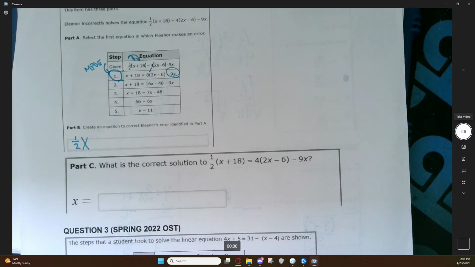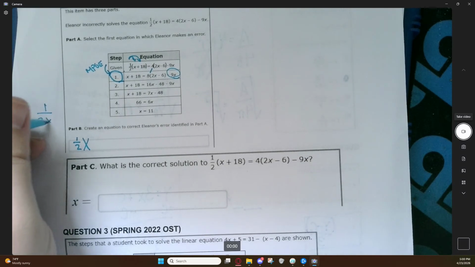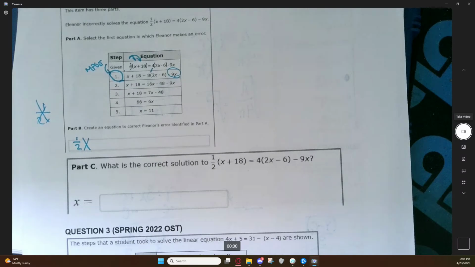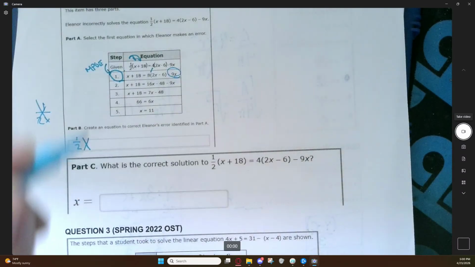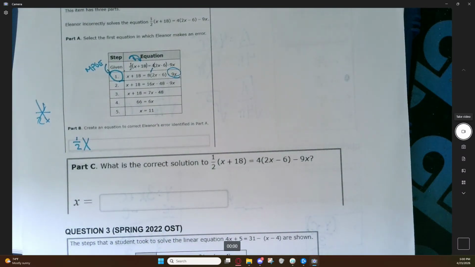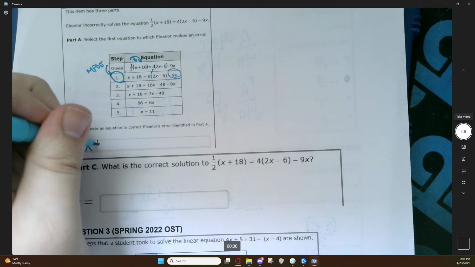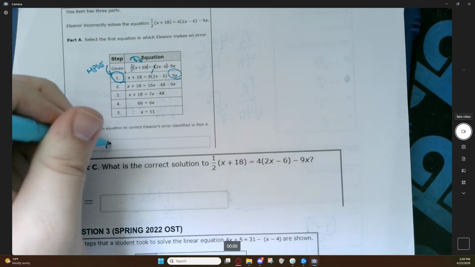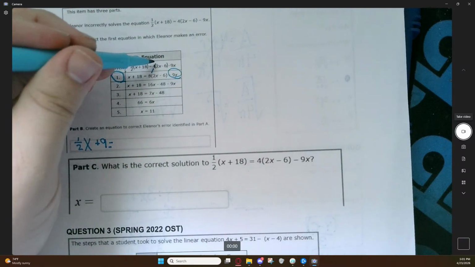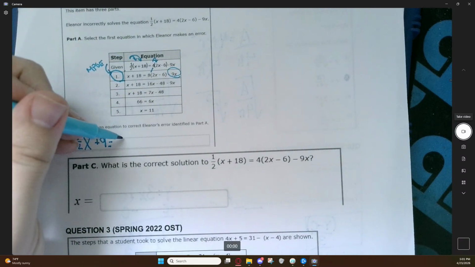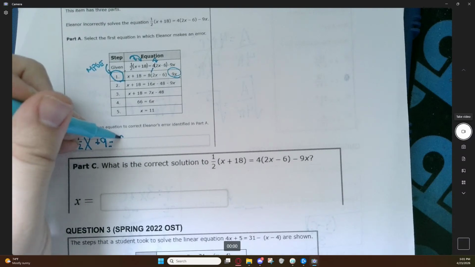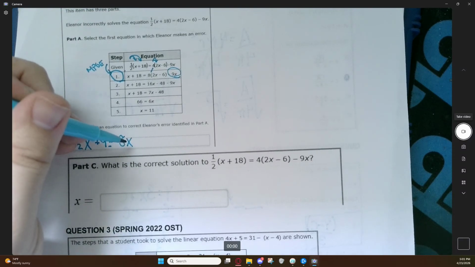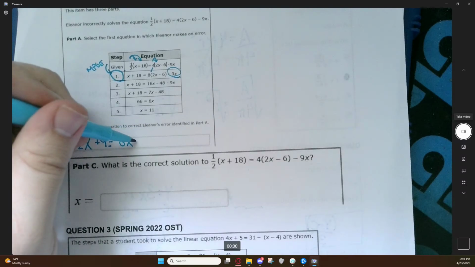You want to make sure this goes in as 1/2 x, not 1/2x. Okay, there's a difference between 1/2 x and 1/2x. This is incorrect. Okay? 1/2 times 18 is 9. Equals, and we distribute our second side. 4 times 2x is 8x. 4 times negative 6 is negative 24.